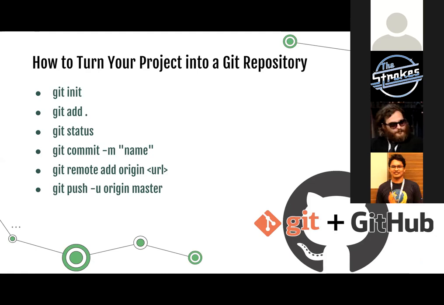So git init is like initializing your Git repo that you made on GitHub. Git add is adding your files to the staging environment. Git status is checking where your files are currently. Git commit is committing those files.